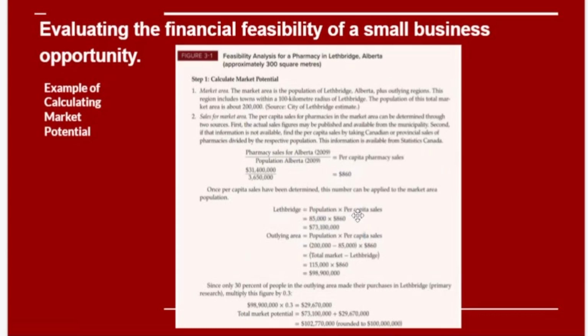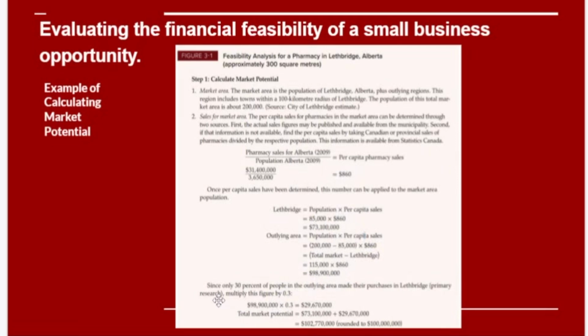and we know that there's $860 per person, we can do it for, well, they've got it broken down here. The population of Lethbridge is 85,000. 860 per person, that's $73 million. The outlying area, basically that's the remaining people, it makes up the difference of the 200,000, so that's 115,000 times 860.